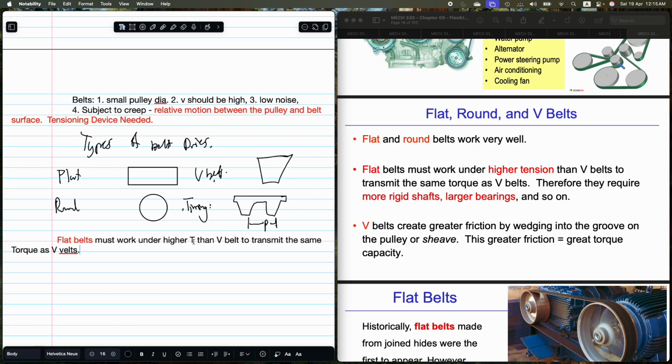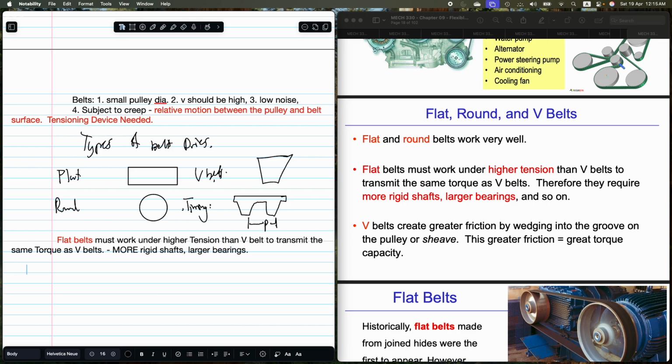Okay, maybe I should write tension here so it's not confusing. So okay, cool. Therefore, they require more rigid shafts, larger bearings, and so on.